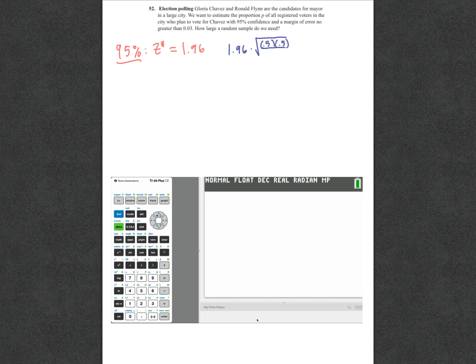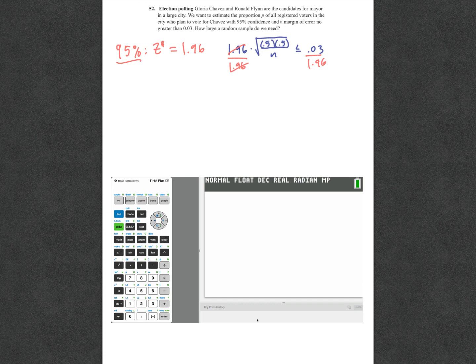When you don't have a point estimate, that's the most conservative, and that's the one we'll use. And we want this margin of error to be less than or equal to 0.03. That'll make sure that the margin of error is no greater than 0.03. Okay, again, we can divide both sides by 1.96. Cancel, and then square both sides.